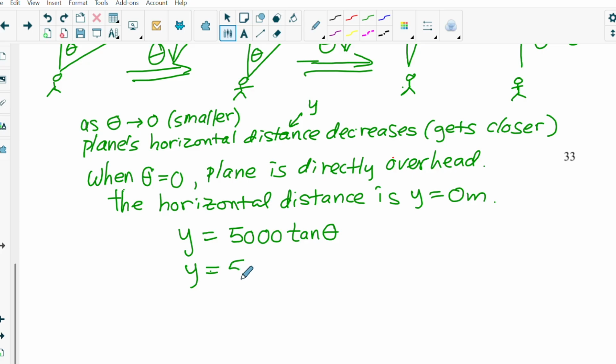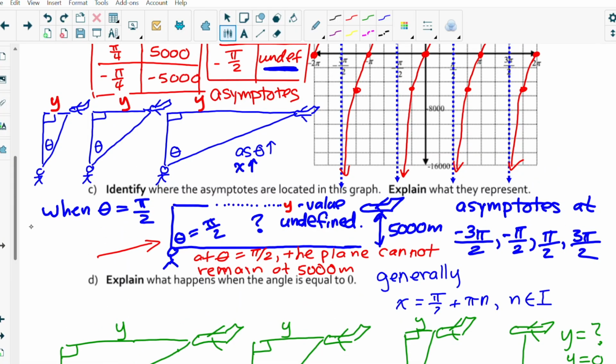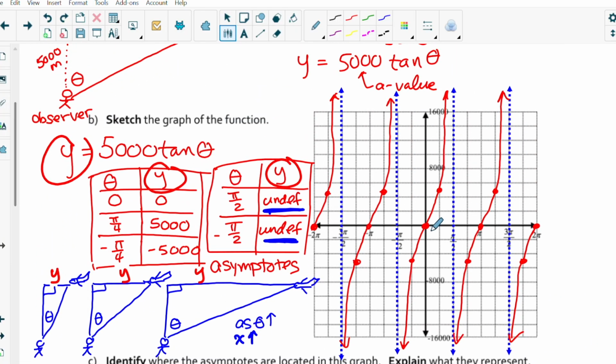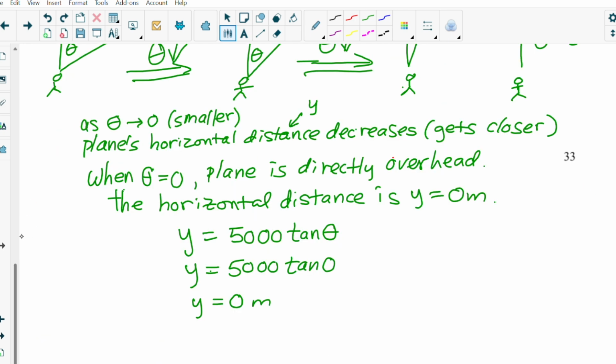If I plug that in, y equals 5,000 tangent of 0. That's a y value equal to 0 meters. And we can see that up in our graph right here. Theta equals 0, y equals 0.